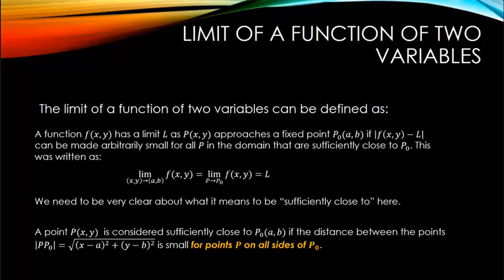In calculus of a single variable, I only had two sides of a point that I had to worry about. I could come from the left or I could come from the right, and the limit had to be the same. But in multivariable calculus, now I have multiple sides along a surface that I have to think about.